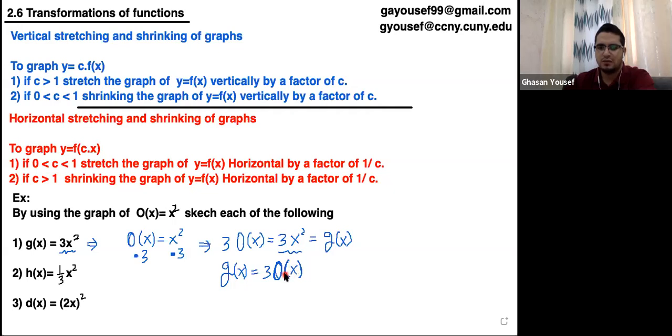So outside means we have to graph vertically, not horizontally. This is the first step. And we have to check the 3: is it greater than 1 or between 0 and 1? So you go back to the rules. If this c is greater than 1, we do stretching. If this c is between 0 and 1, we do shrinking. So the 3 here is greater than 1.